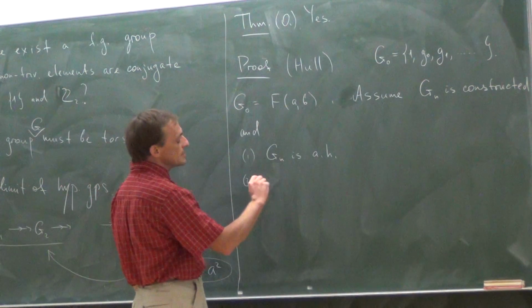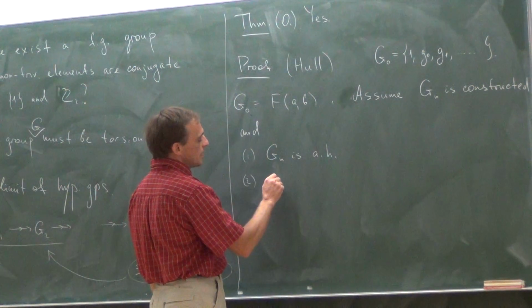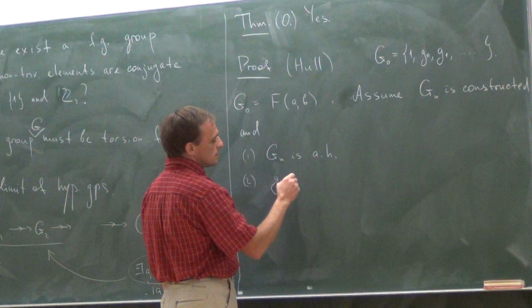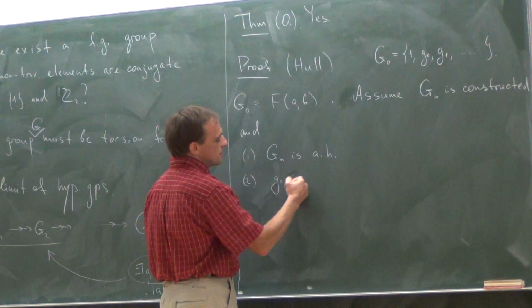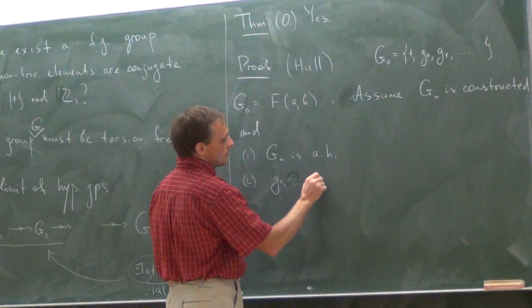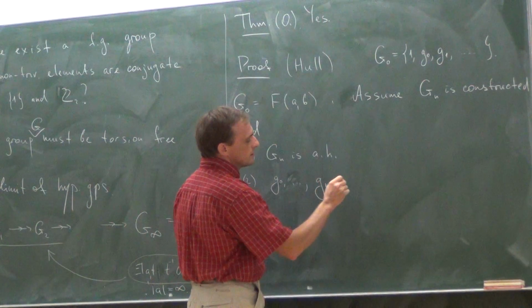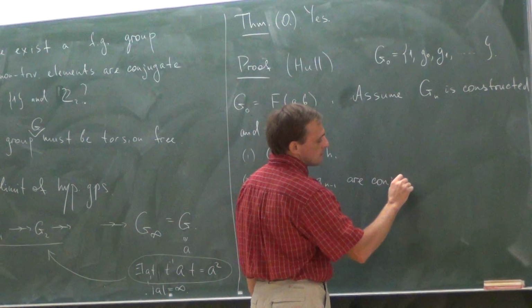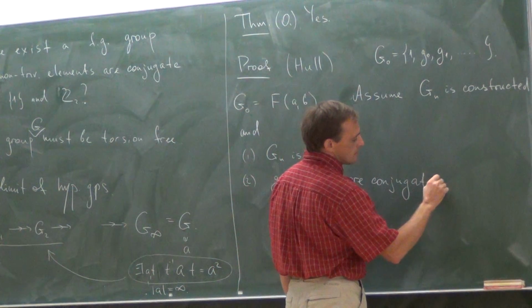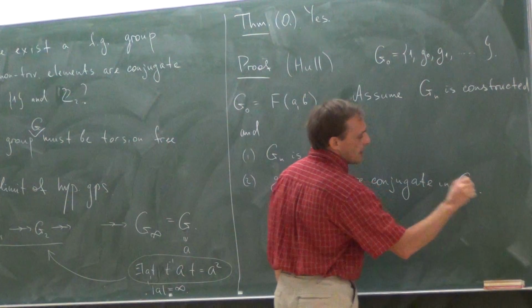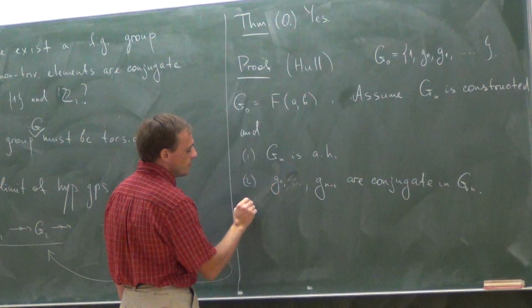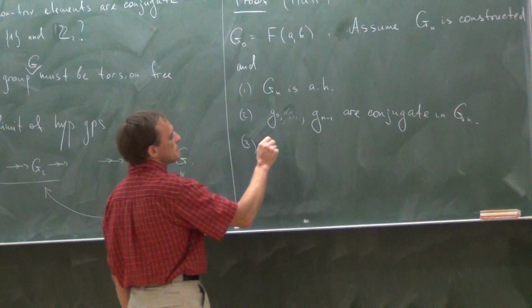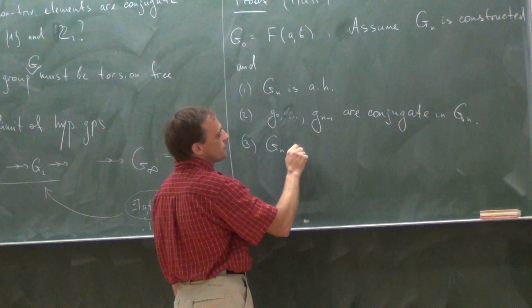So I also assume that g0, g1, and so on, g(n-1) are conjugate in Gn. Third condition is that Gn is torsion free.